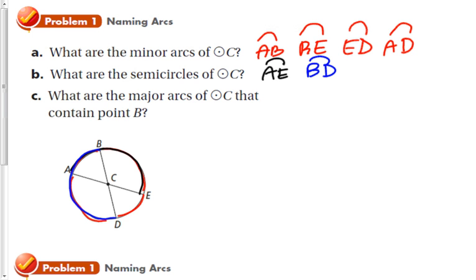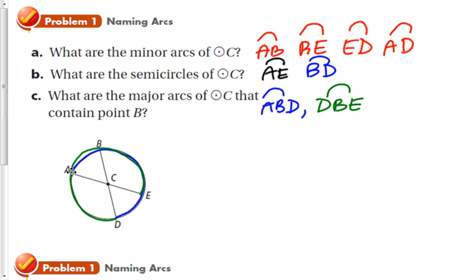And then the major arcs, those are arcs that have greater than 180 degree angles. Those would be ABD, and that's talking about this arc here. Another one is DBE, and that's going from D to B and then over to E. Another one would be AEB, going this way around.